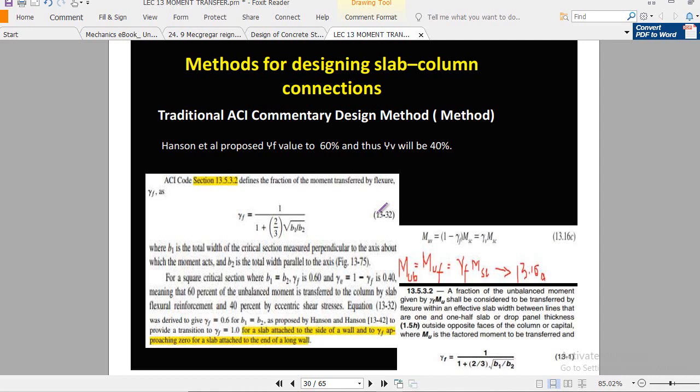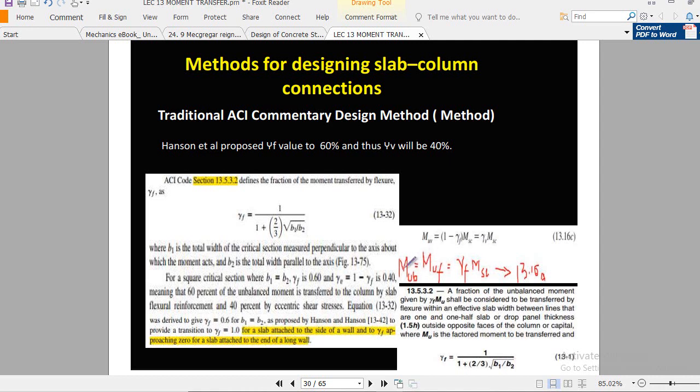Now the portion of the unbalanced moment which is transferred to the column by flexure is denoted by Mf, or it is also denoted by Muf, Mub.